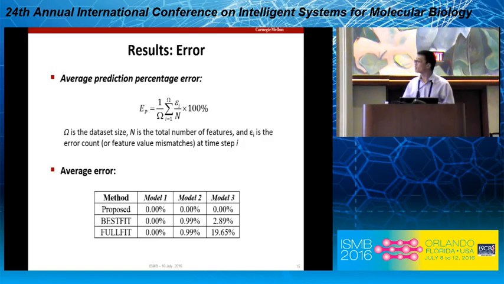The results are shown in this table. We can see that our method achieved perfect predictions in these 3 models, while the other 2 achieve some errors in the 2 large biological systems.